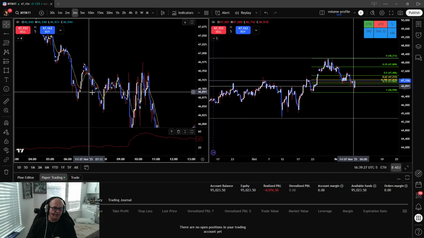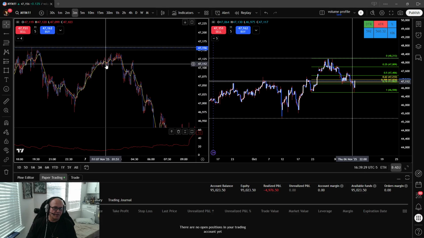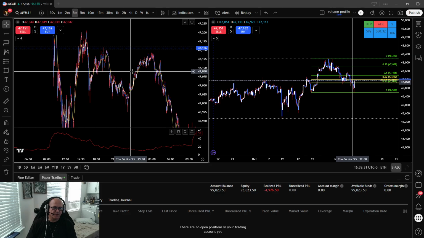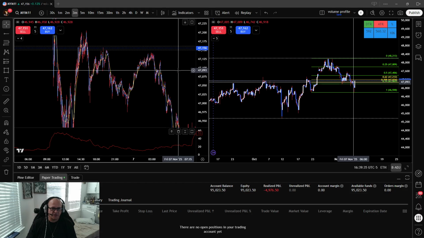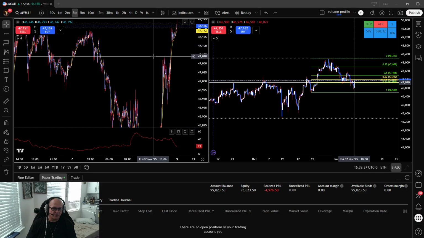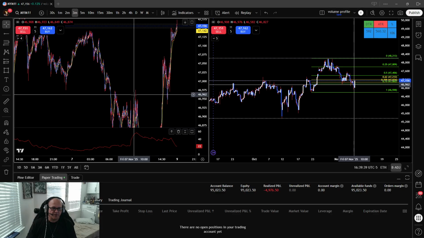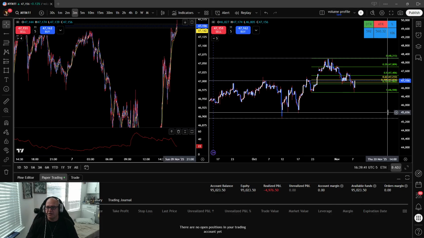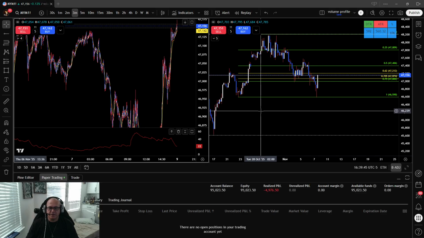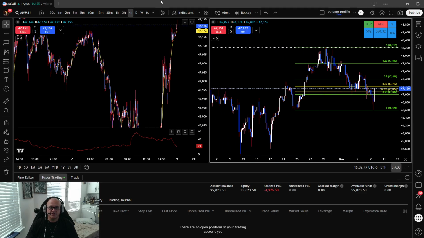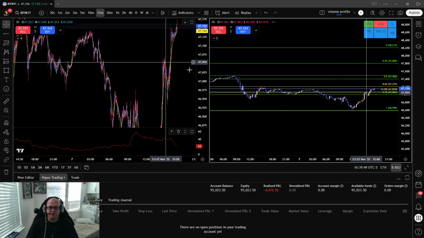That started way up here, November 7th at 9:30 in the morning up in this area. So in the London session, that's the 4 hour. We use the 15-minute.